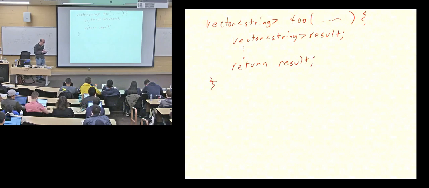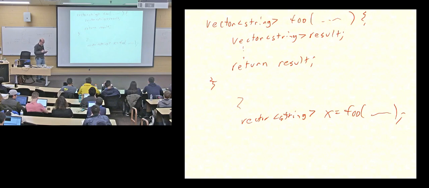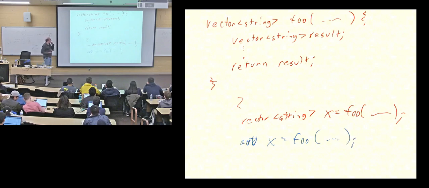And then in some other function, I might say something like vector of strings x equals foo of whatever. Or I could write this a little bit easier. Instead, I could just say auto x equals foo. And hey, compiler, you figure out that return type for me. Either way, something cool happens. The compiler notices, hey, x doesn't exist yet.